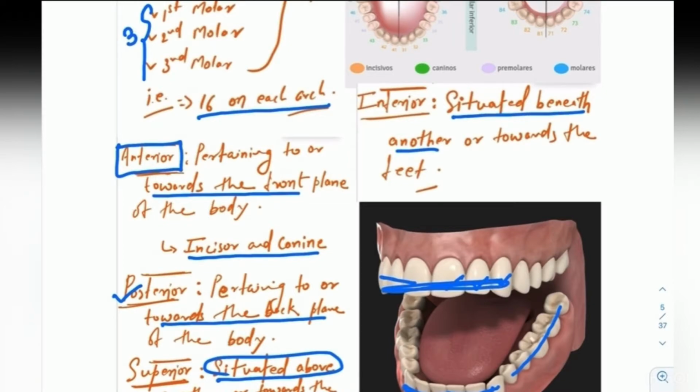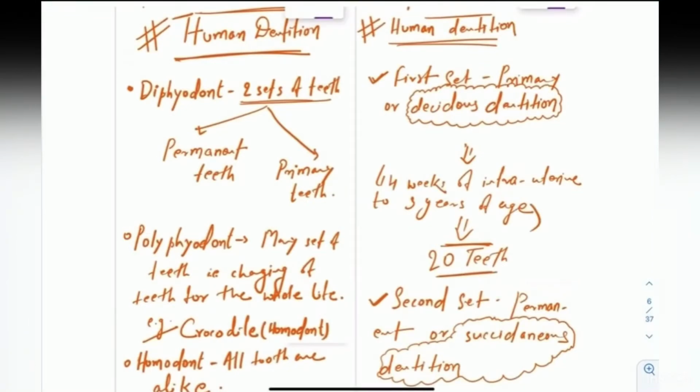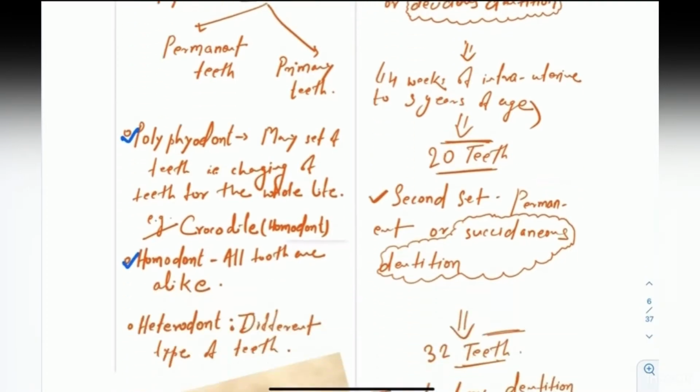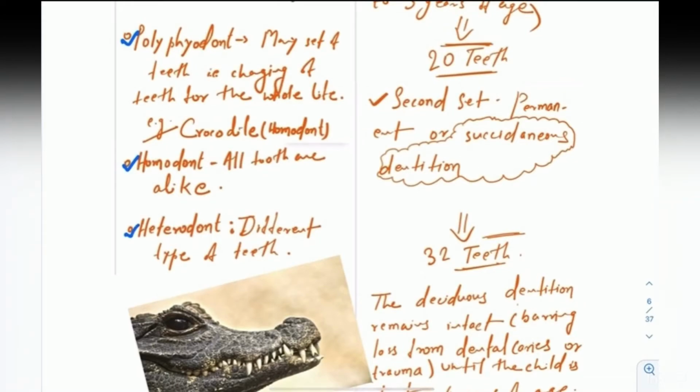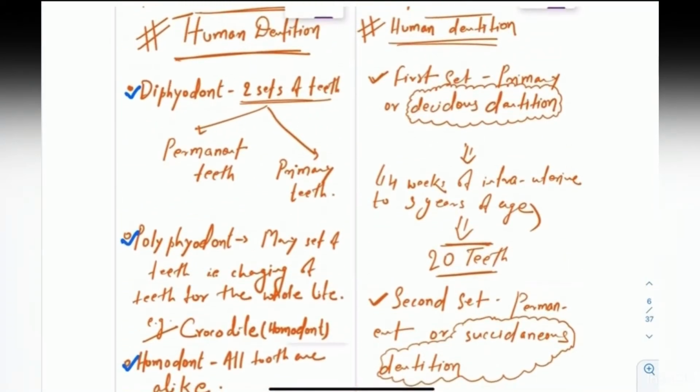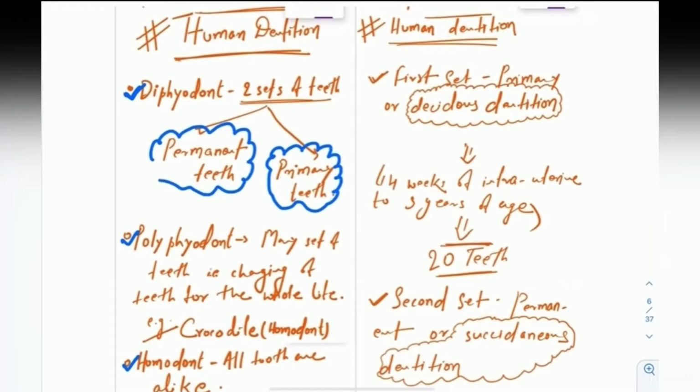Clear? Okay. Human dentition: you will see the terms diphyodont, polyphyodont, homodont and heterodont. Humans have diphyodont type of dentition, meaning two sets of teeth. The first set is the primary teeth and the second set is the permanent teeth.